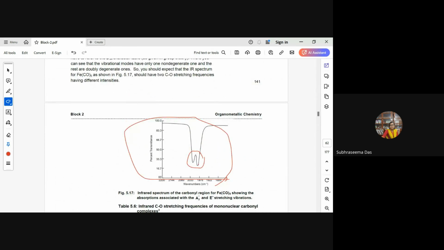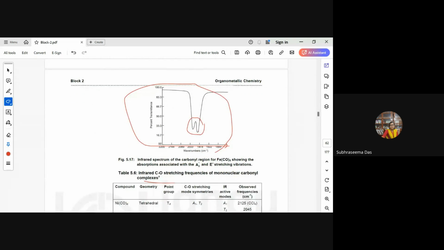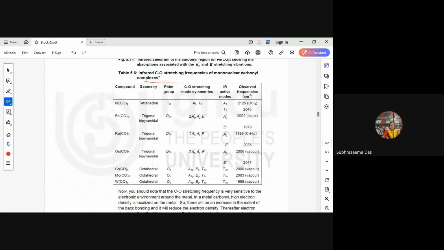So we have two different CO stretching frequencies, and their intensities are also different. This is how we interpret FTIR data, and by looking at the IR active modes and the observed frequencies, we can assign the point group and geometry.